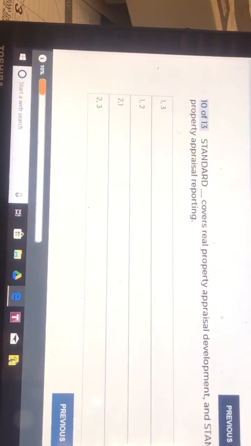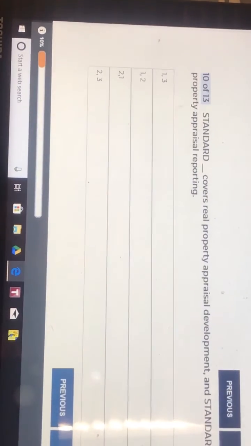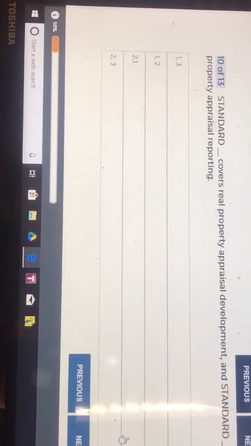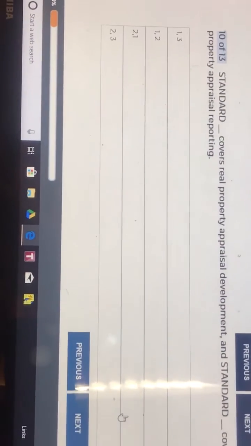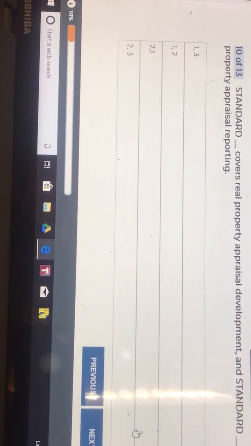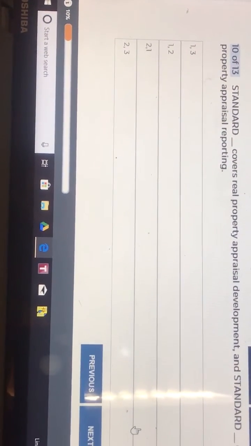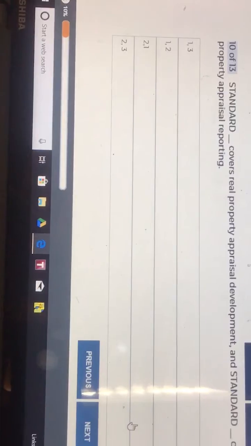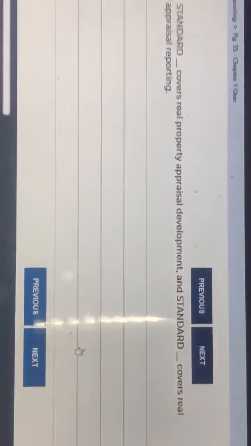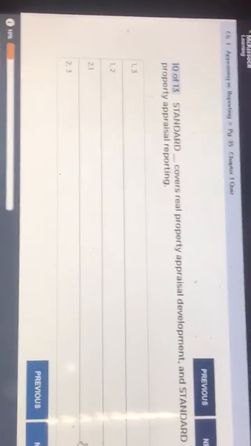A is standard 1 and standard 3. B is standard 1 and standard 2. C is standard 2 and standard 1. And D is standard 2 and standard 3. I'm going to go with B.